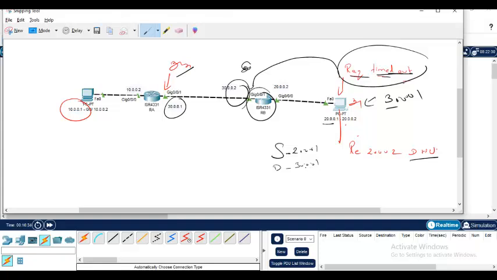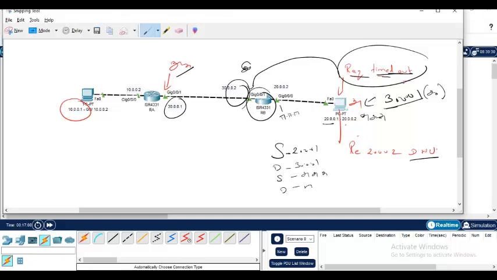Now, the source MAC address will be the MAC address of this computer. Let me call it A, and this place is E. So your source IP address is A, destination IP address is E.